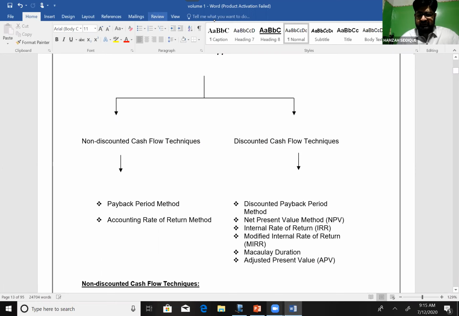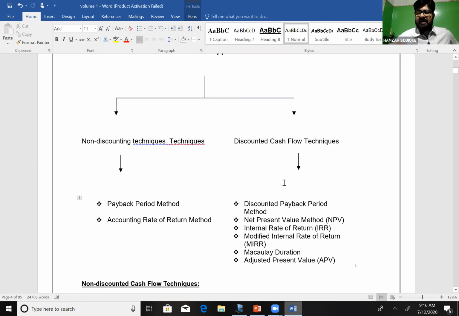Investment appraisal techniques are of two types: discounted cash flow techniques and non-discounting techniques. They are in front of you: the payback period method, ARR (accounting rate of return), discounted payback, and net present value.